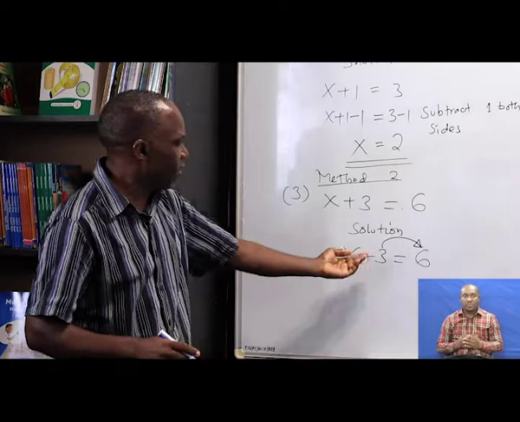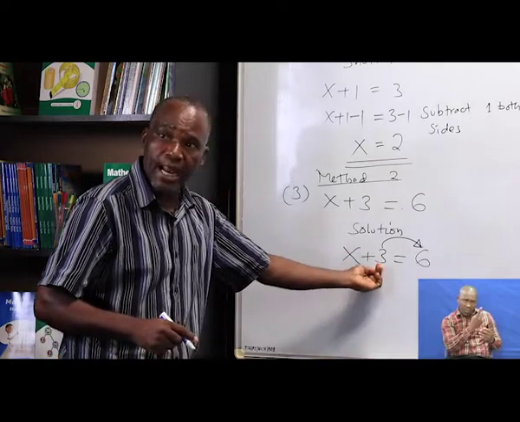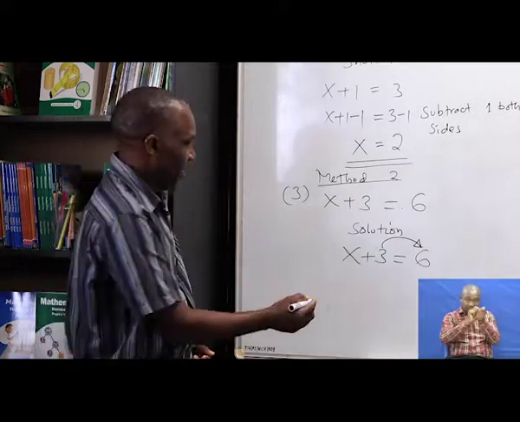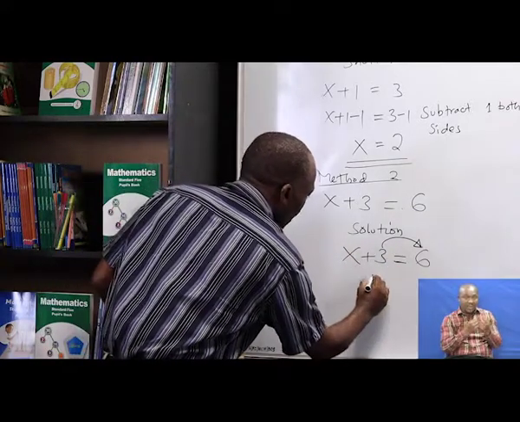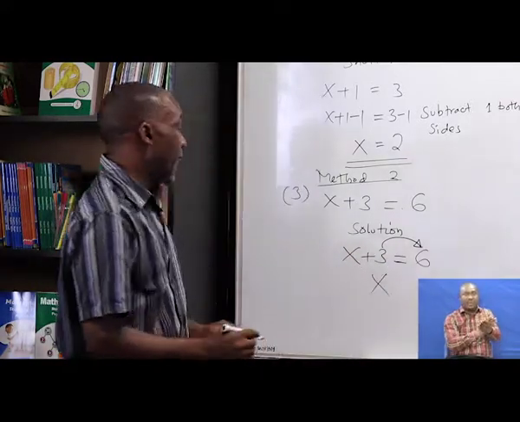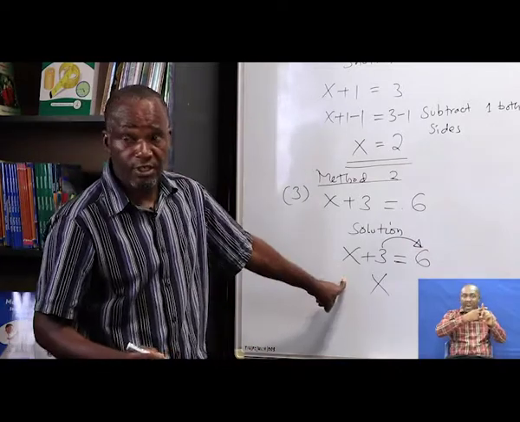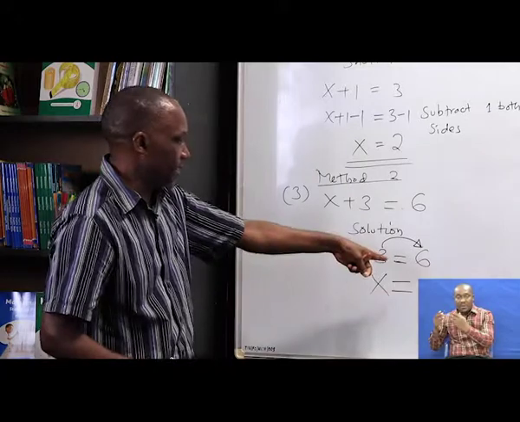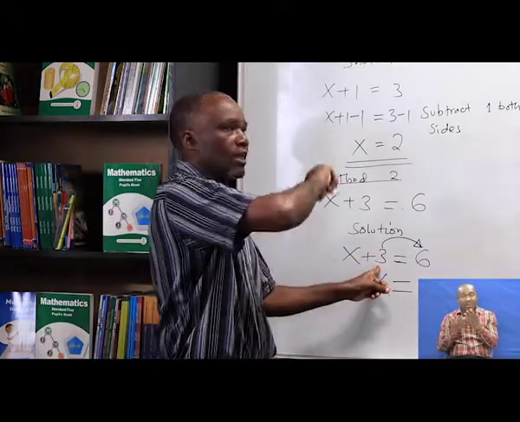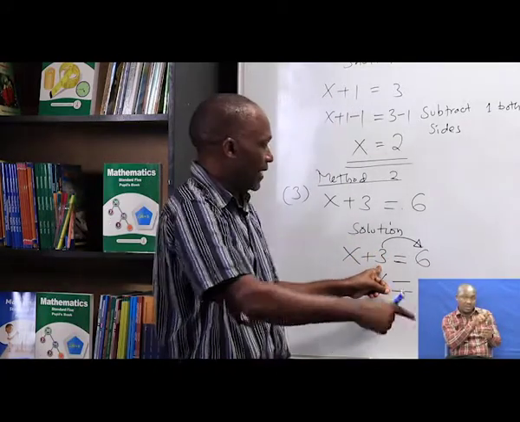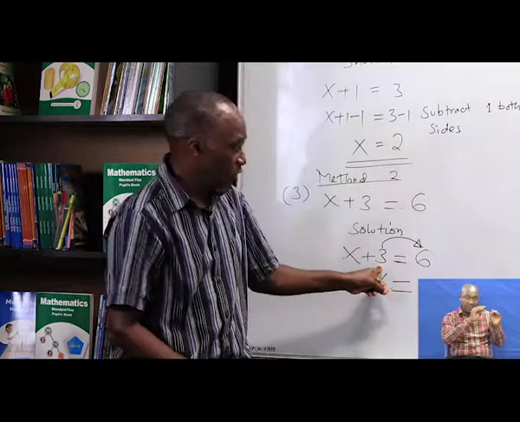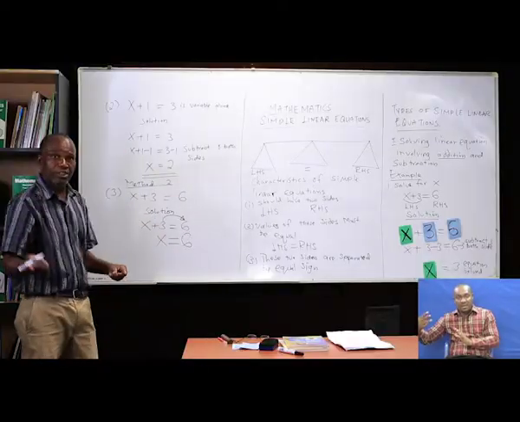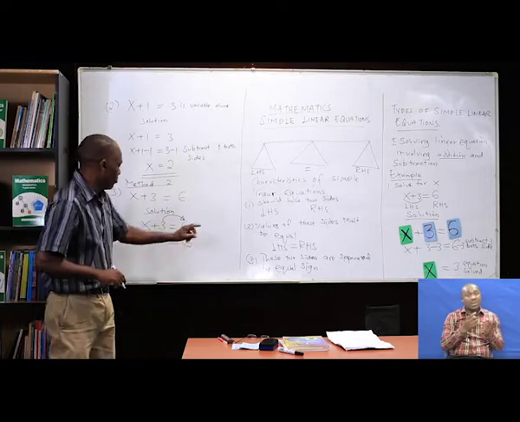What is the sign of this numeral, class? I think it is positive. So we are shifting it. It's crossing this sign. So we are going to remain with a variable, which is x, equal to 6, because 3 is going to the other side, following number 6. The number which follows is going to follow.